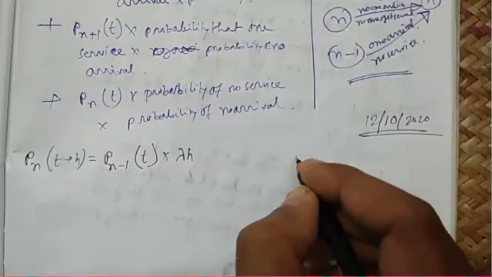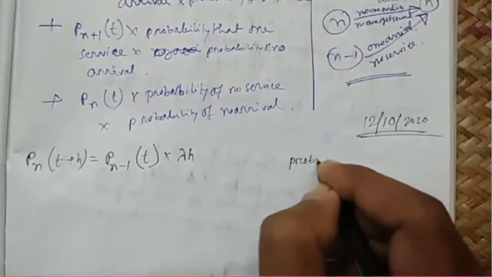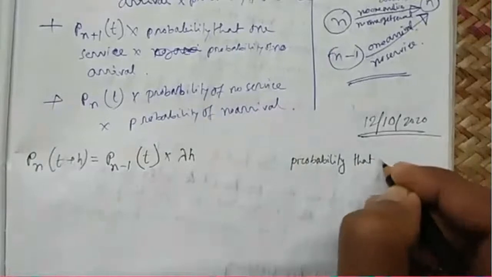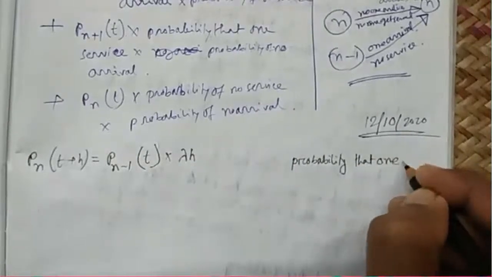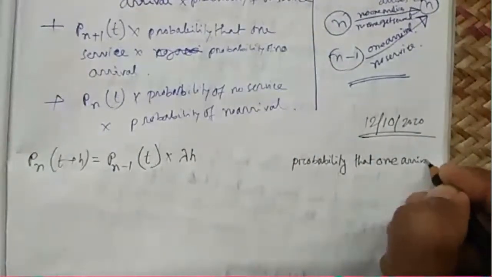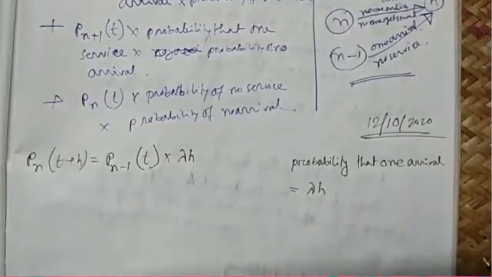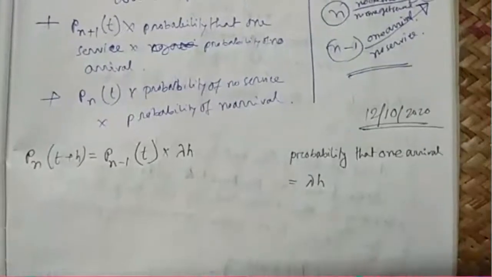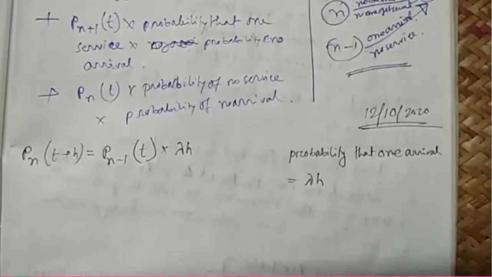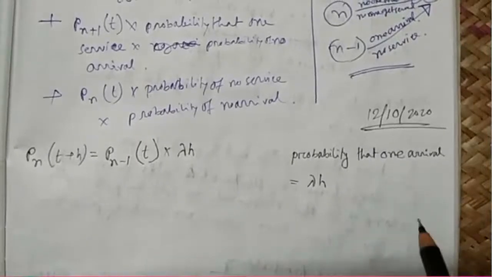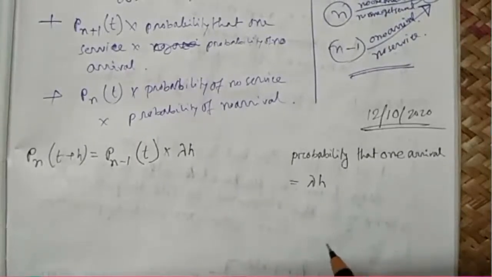Let us do this. The probability that there is one arrival is lambda h. Because we have the assumption that there will be only one event, there is no option of two arrivals. There will always be either one arrival or no arrival.